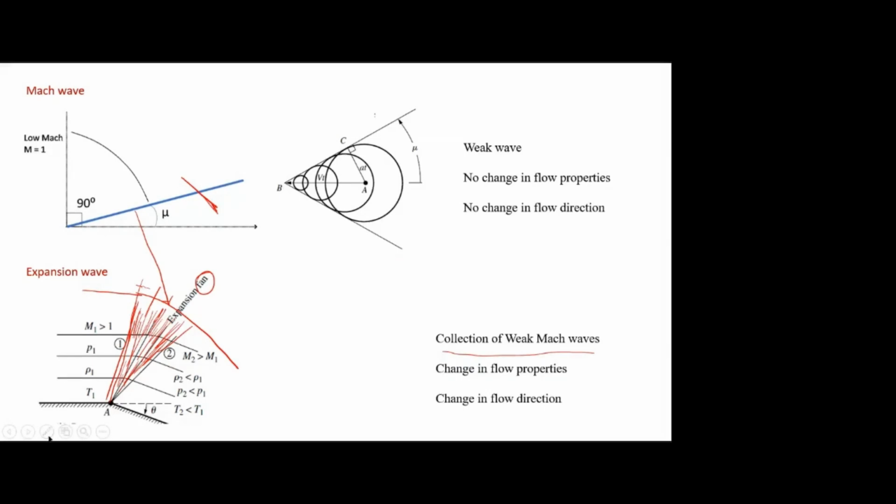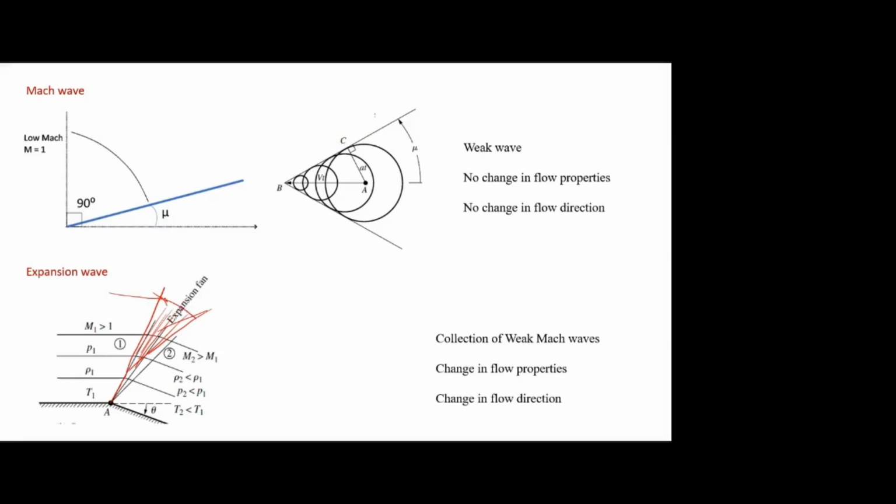And another thing. So each wave changes the flow property and direction to the minute level, I mentioned, right? So here there is no sudden change in flow properties. It gradually changes across the infinite number of waves.